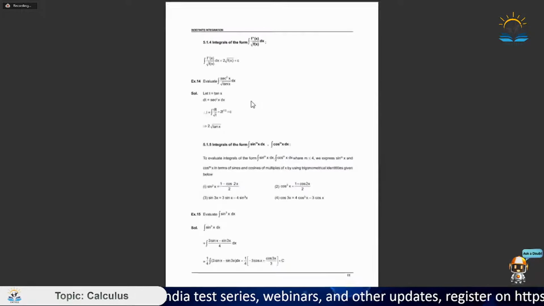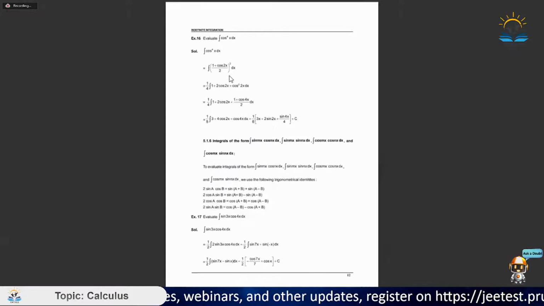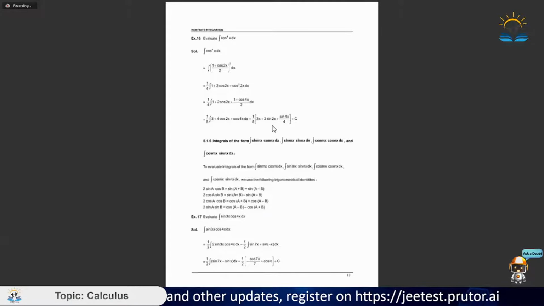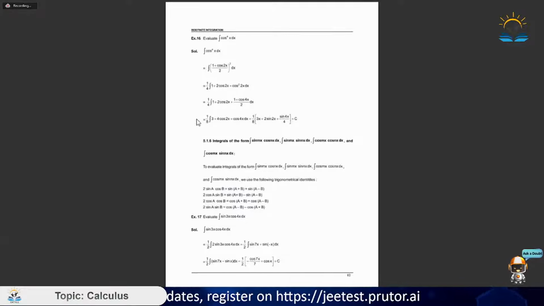So we substitute these power terms using trigonometric identities. You should be able to do these. So this came the final answer. Then this becomes a very basic integration, easily solvable.